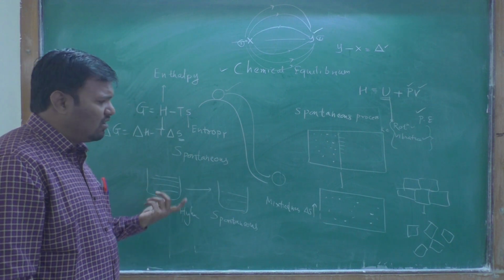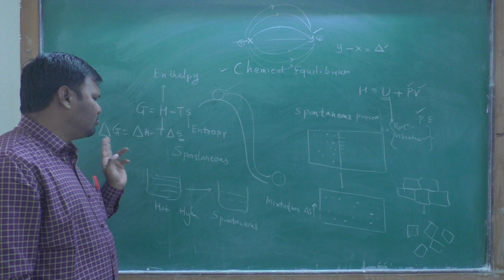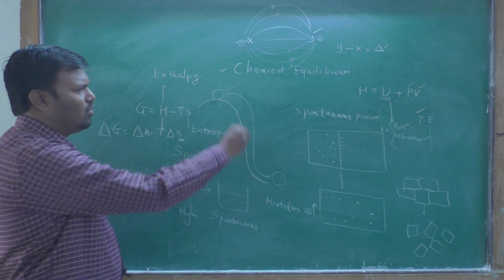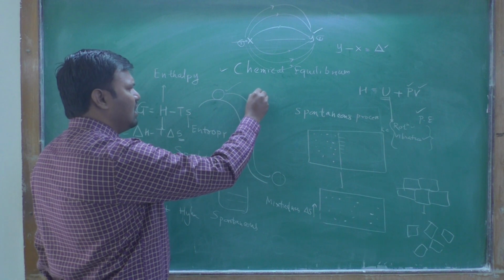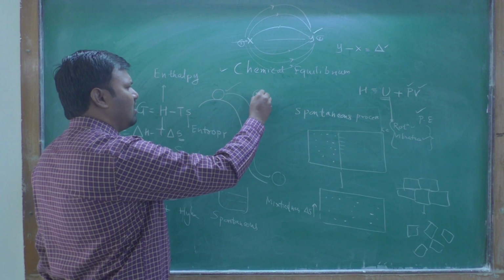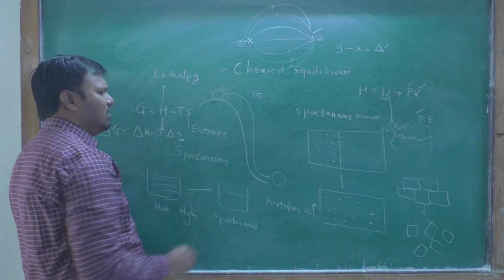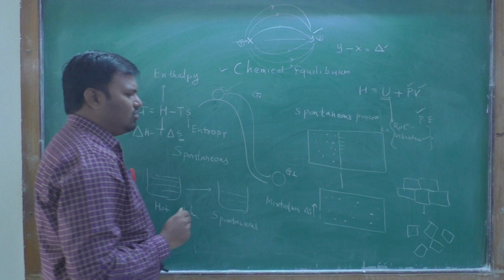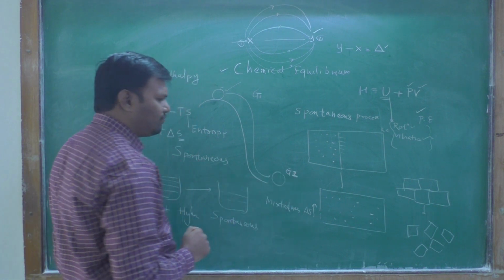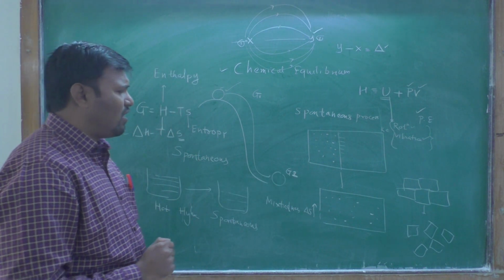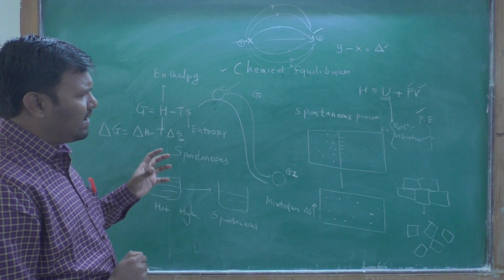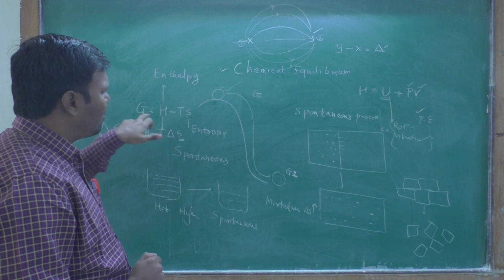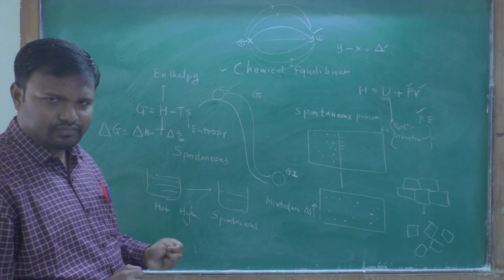Okay, like that, how do we use delta G for the spontaneity of a reaction? Suppose it is a state function: if this ball has a G1 value, then that ball has a G2 value. You find that we can define the Gibbs free energy like that in the mathematical formulation also.